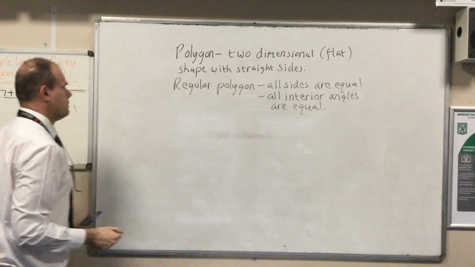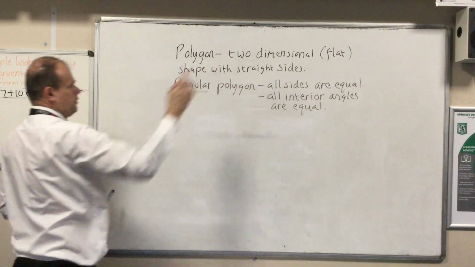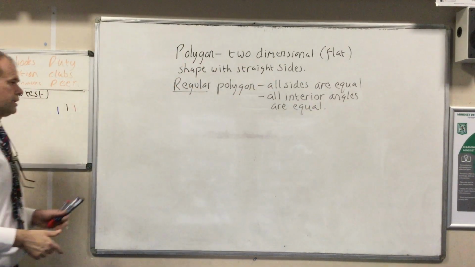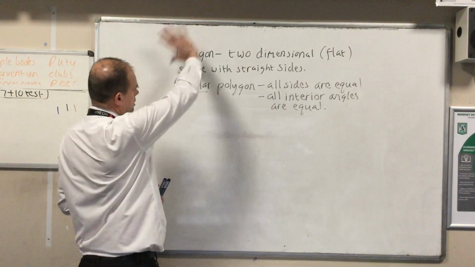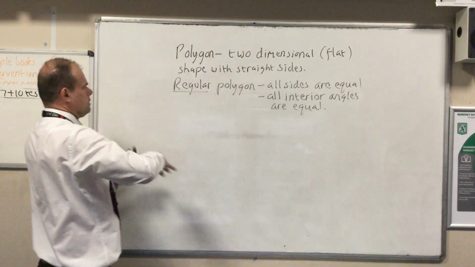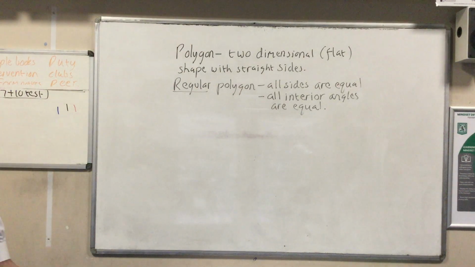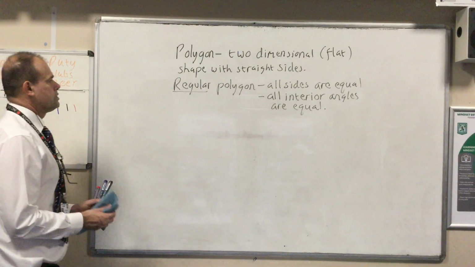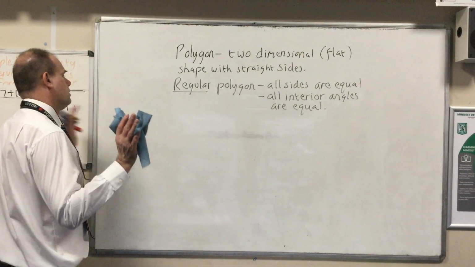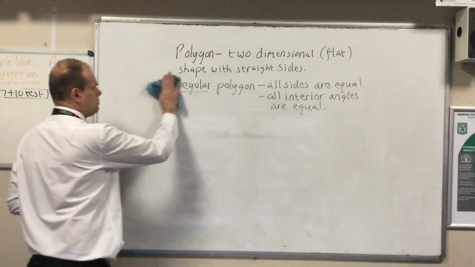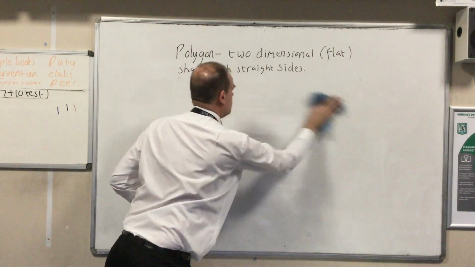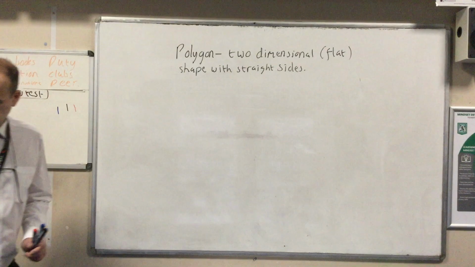So that's what regular means, okay? Irregular means not that. So all sides are different, all the angles are different, yeah? So a polygon can be regular or irregular. It's just a general shape with any straight sides, two-dimensional, flat, whether they're all equal or not, doesn't matter. I'll keep the word polygon on the board as my focal point.